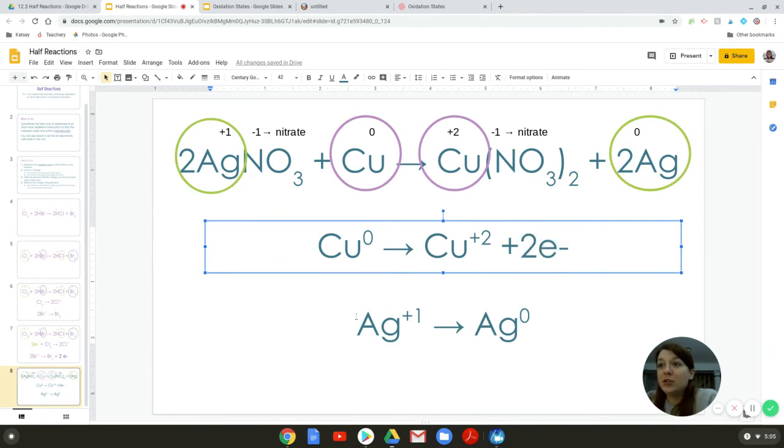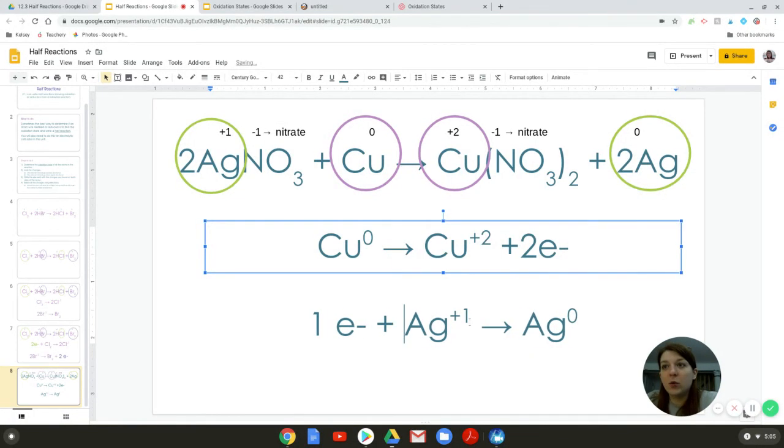Now, my silvers are going from +1 to 0. How could I possibly balance this with electrons? Well, I'm going to put 1 electron over here, and then this side will add up to 0 because we have 1 negative and 1 positive. They cancel out in terms of charge and gives us a 0, which is equal to this silver 0 over here.